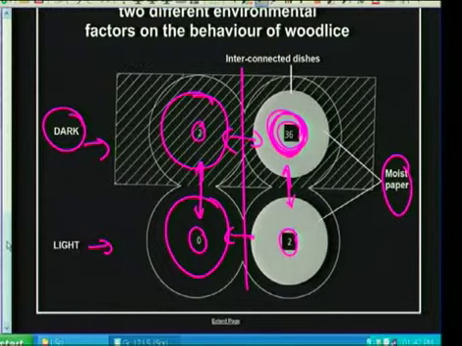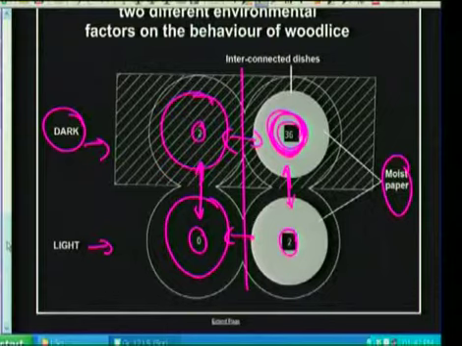Other methods of improving this experiment would be to increase the number of times the experiment is done, and to allow sufficient time for the woodlice to move through freely. 15 minutes could have been sufficient. We're not too sure if woodlice move faster or slower, and hence if we increase the duration, it could have given them an opportunity to move further or faster, or move based on their preferences.